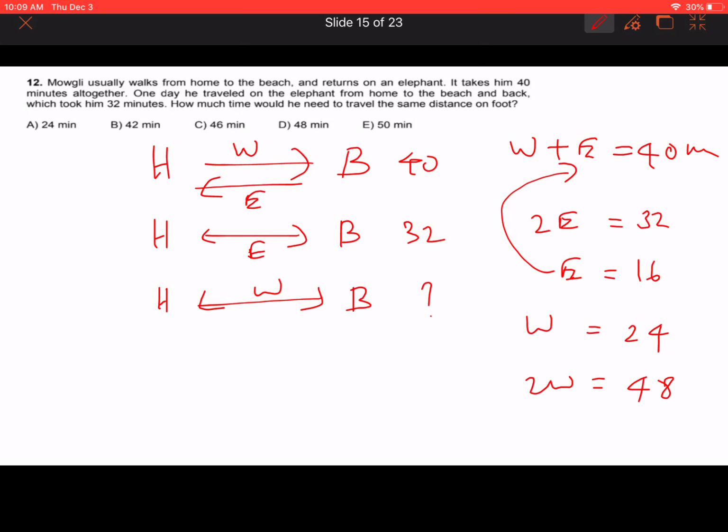So 48. See, it's very critical here. They have given both the answers, 24 and 48. If you didn't read the question properly, or you are in a hurry to answer, then you may pick 24. So be very careful in such problems. The problem will be simple, but when you answer it, there should be caution. The answer is D.